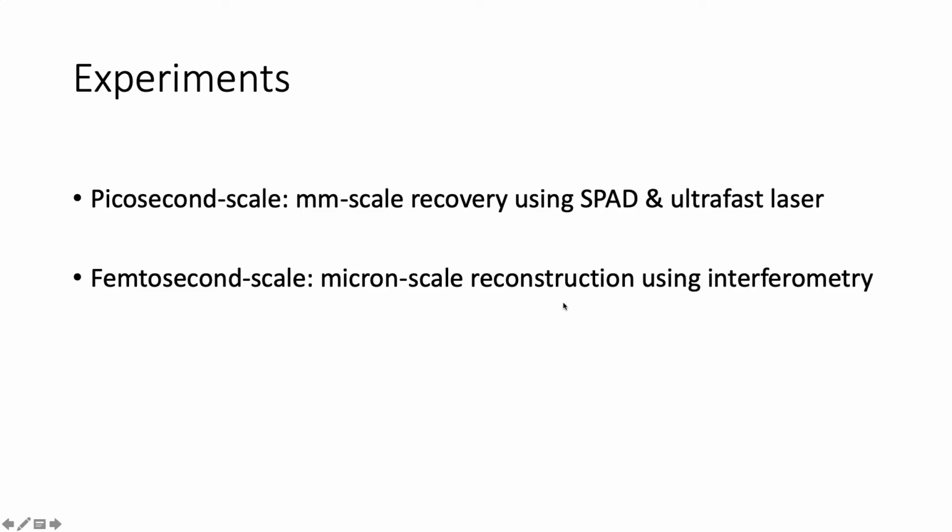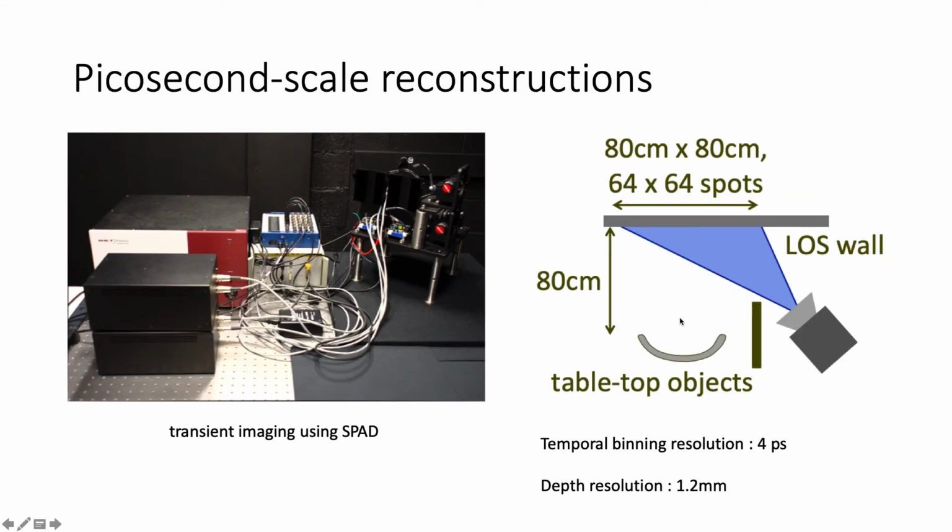To demonstrate the theory proposed in this paper, the authors made some experiments at a picosecond scale and a femtosecond scale. Picosecond scale experiments use a SPAD-based transient imaging system, just as mentioned before: a picosecond laser, a SPAD detector, and a photon counter.